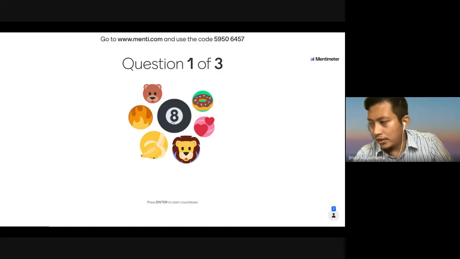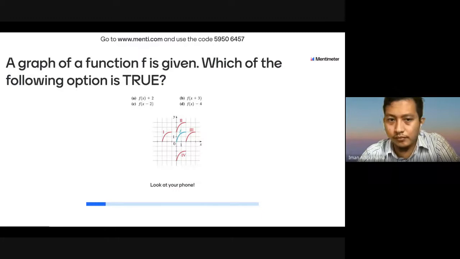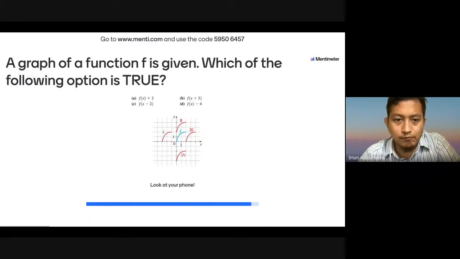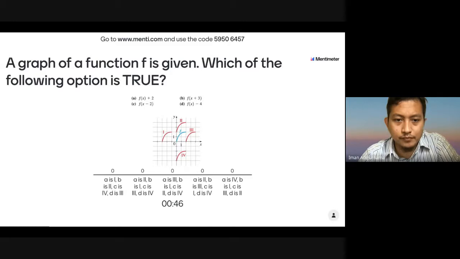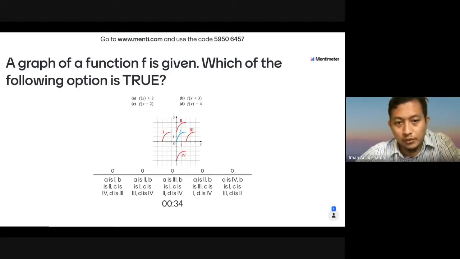Let's start. You have around 40 seconds. Look at the graph, and you need to pick out which one is which.